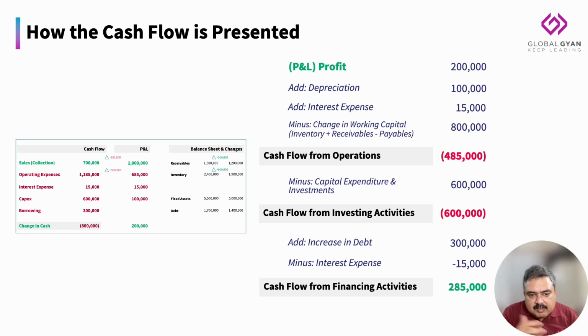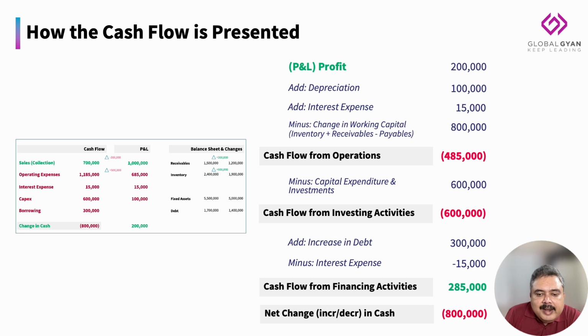If you give out dividends, you take it out here, right? So those categories of items are put in this. So net, you can now add them up and find that the change in the cash in that month is minus 800. So minus 485 minus 600 plus 285 gets you to minus 800, which is what we saw in the cash flow.